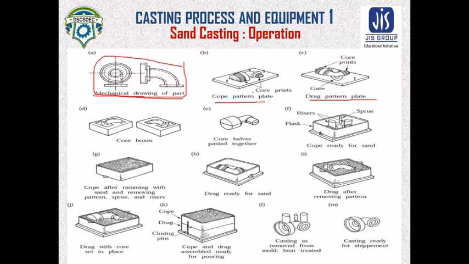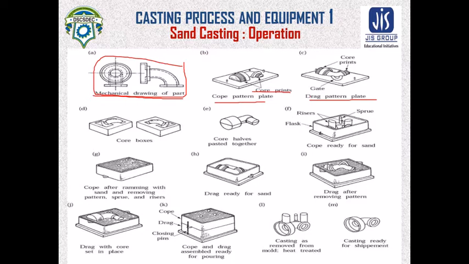In the cope pattern there are core prints. See very clearly that in case of drag patterns, meaning patterns for the lower body, there is gating system. So as a question one can ask where the gating system is incorporated.